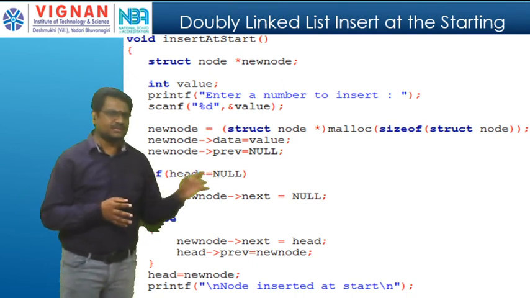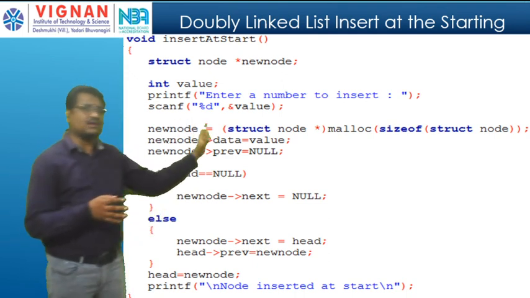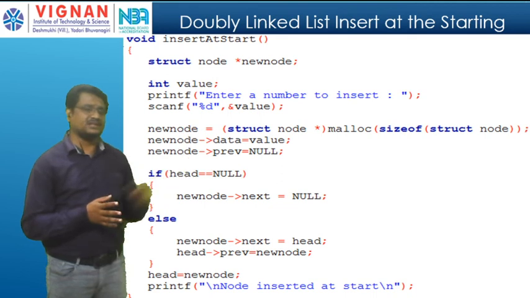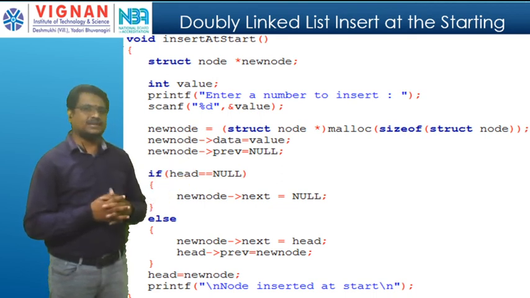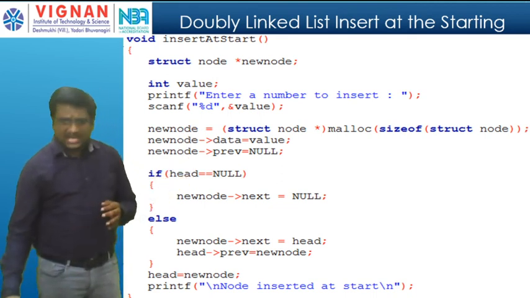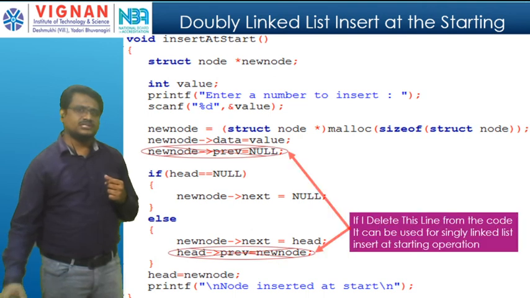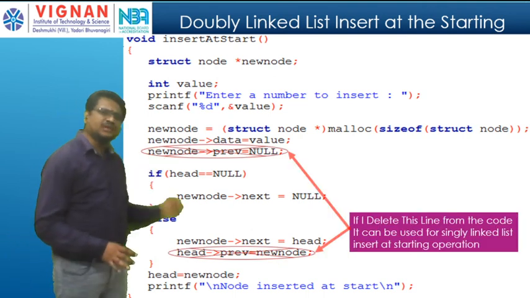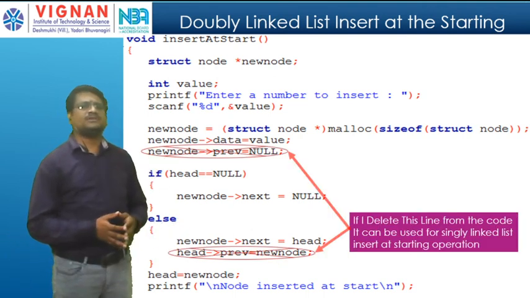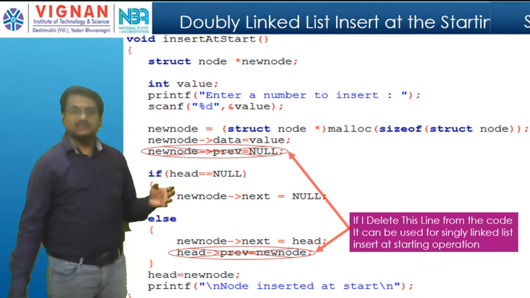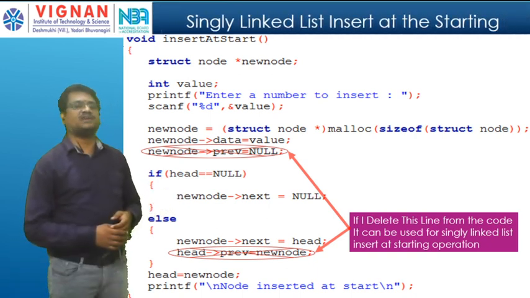Now this is the program. See, this program works for double linked list. Am I right? This program works for double linked list. So if I want to insert a data at the single linked list, what I have to do? Simply, if I delete these two lines, it will work for single linked list.